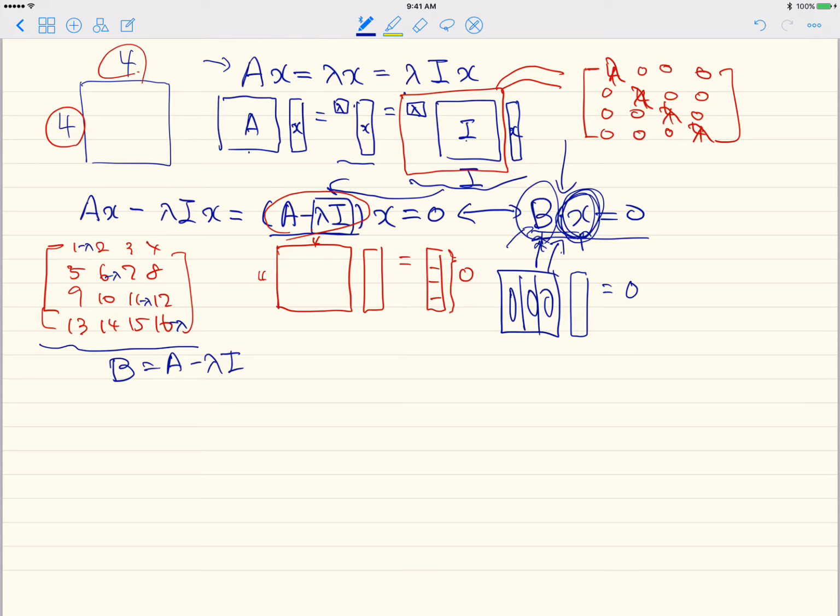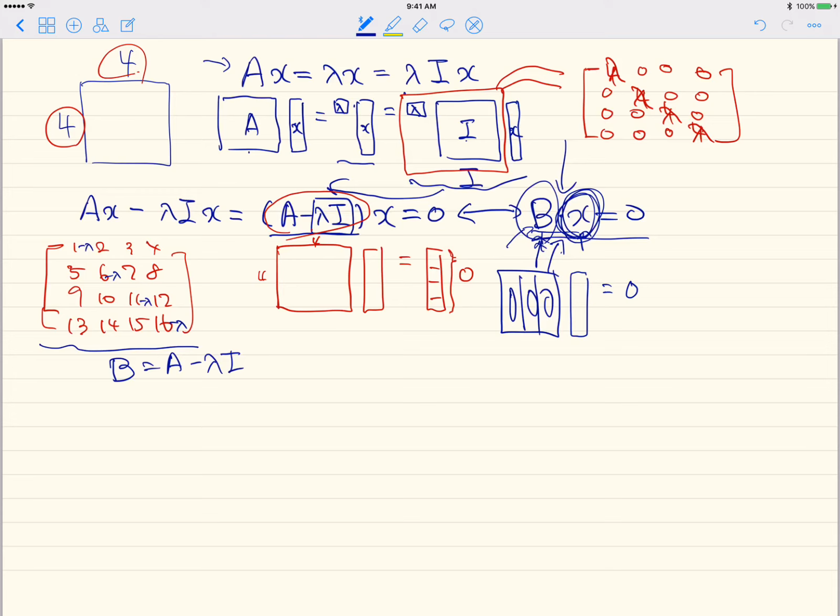And then how can we make this linearly dependent? Originally, suppose matrix A, before subtracting lambda on the diagonal, was linearly independent. In that matrix, we subtract this lambda from the diagonals, and this matrix should now be linearly dependent.